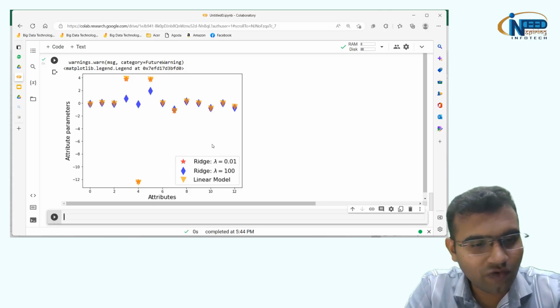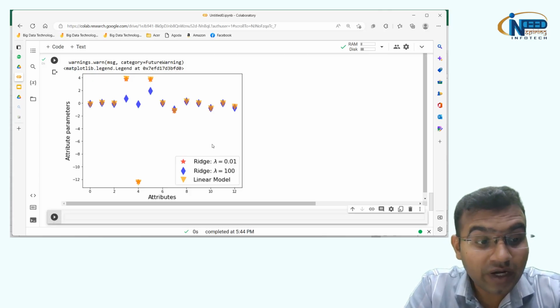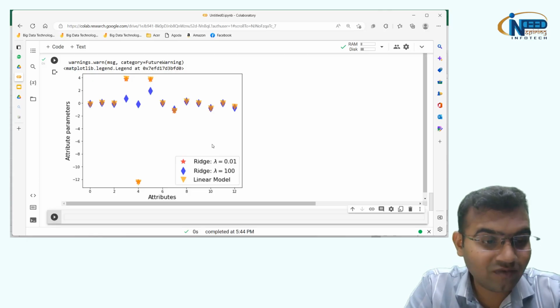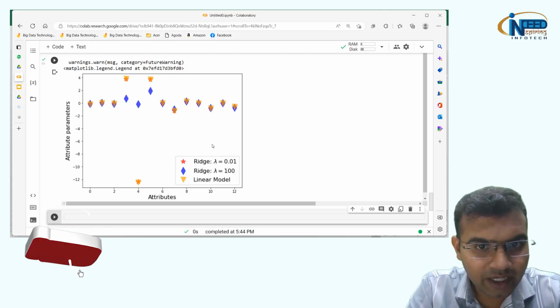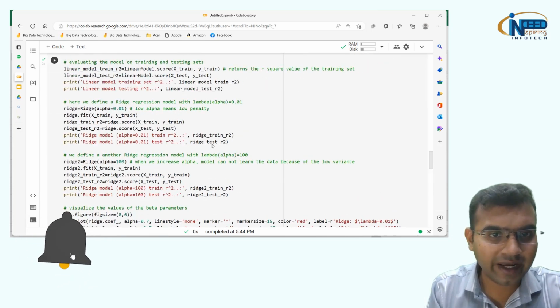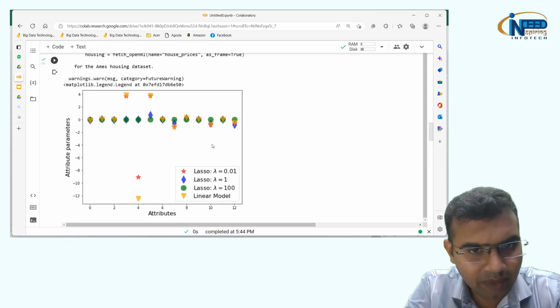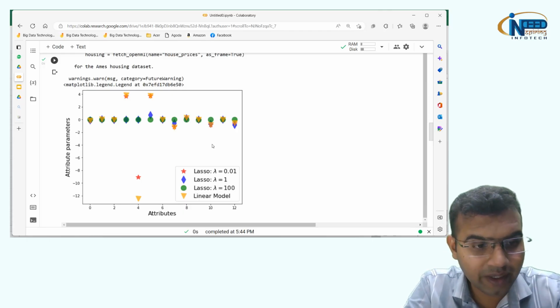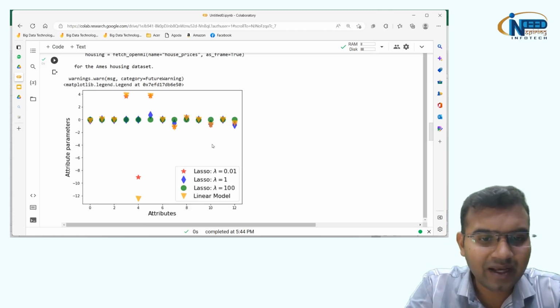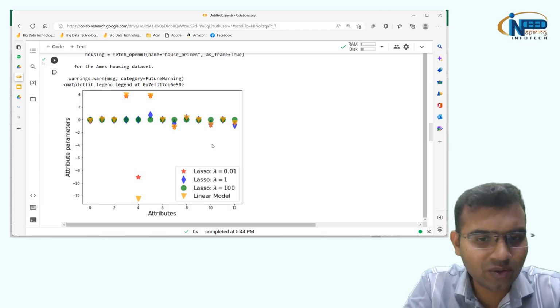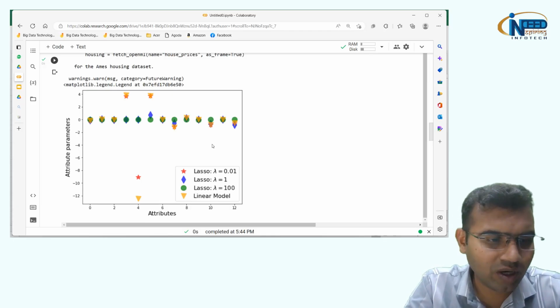Now in case of overfitting, we reduce the effect of overfitting by decreasing the alpha parameter. If you see this particular diagram, if you make the regularization parameter very close to 0, it gives you an output similar to what the linear model gives.